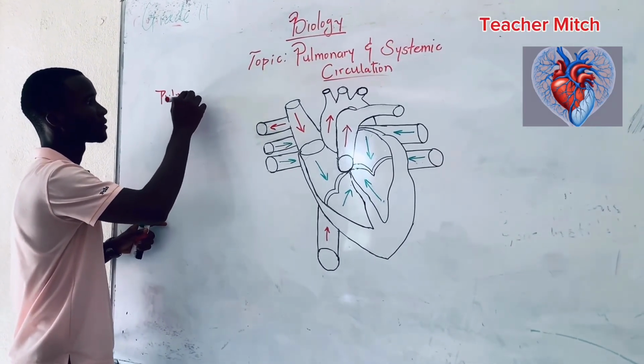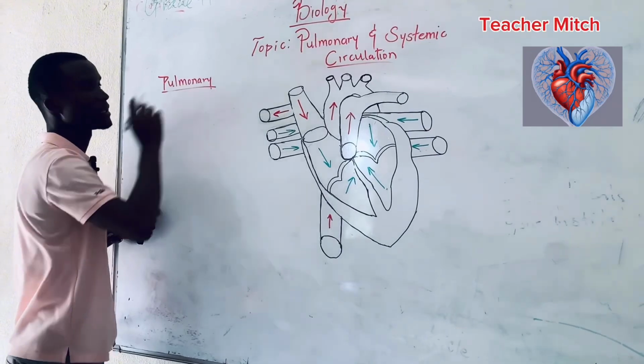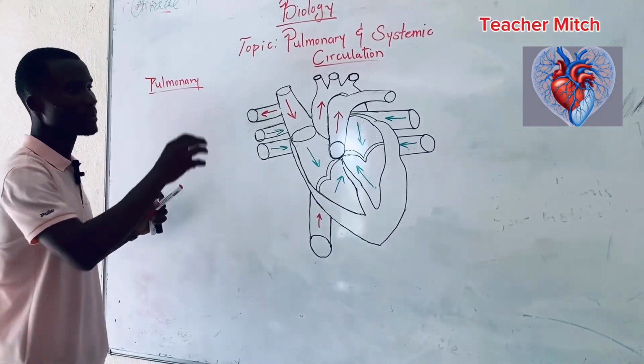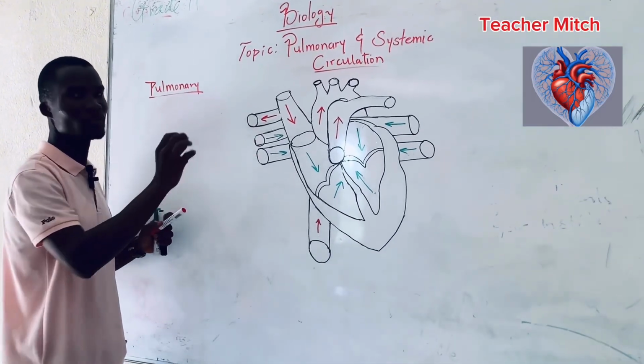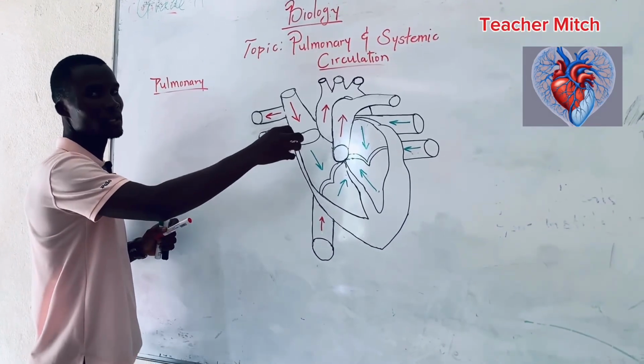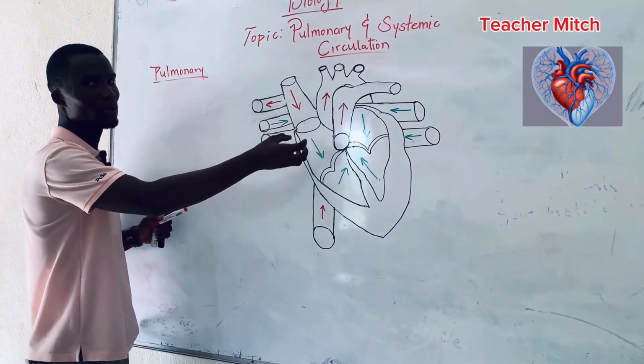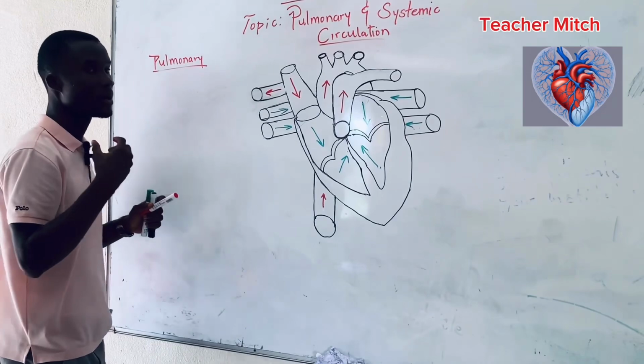Pulmonary circulation is the circulation of the heart, which involves deoxygenated blood leaving the heart and going to the lungs to pick up oxygen.